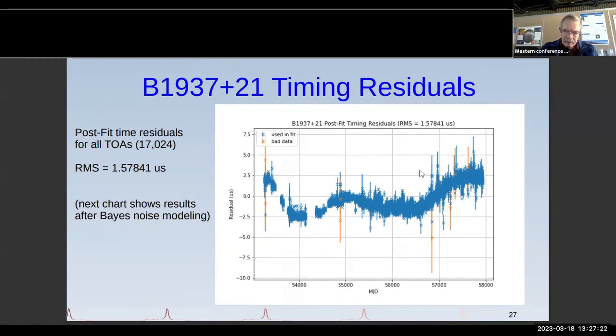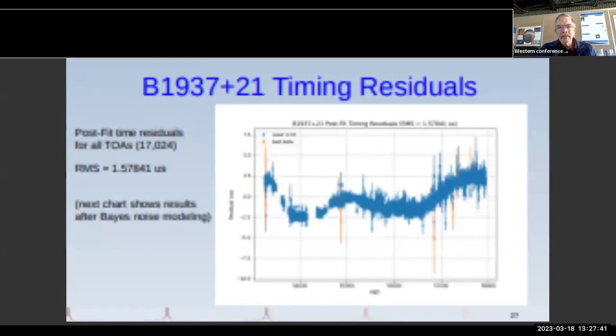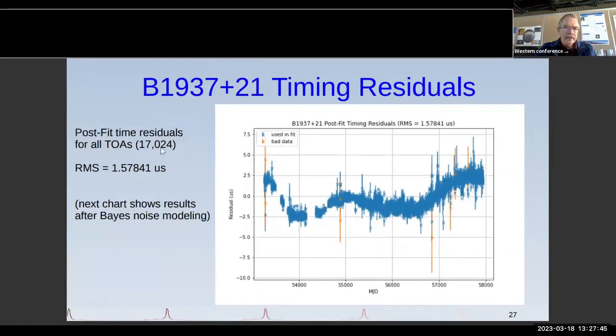Oh, and the thing I didn't mention on this one: the data was too much for me to look at. I chopped it down to just 1400 megahertz plus or minus 4 megahertz. I just took a narrow band around 1400 so I could look at the data without filling up the plot. But when I ran the fitting, I ran the full data set, which was 17,000 residuals over the 12 years.